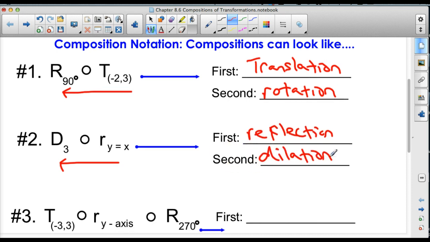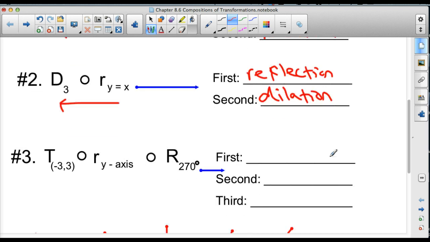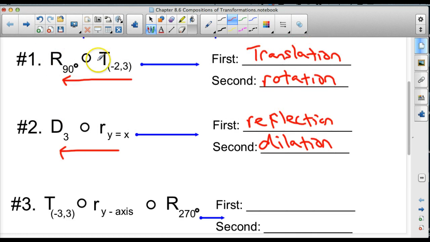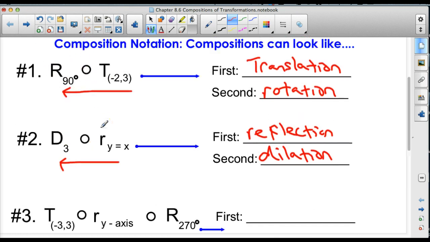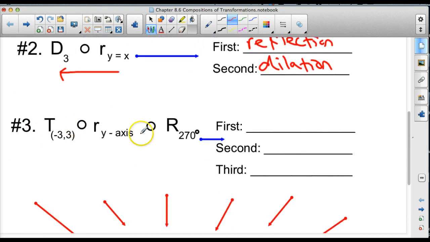From teaching this last year, the number one mistake I saw when students did compositions was they went left to right. So it's really important that you get this down right now. From here, the most you'll ever see is 3. Number 1 and number 2 had 2 transformations in one composition. This is as hard as it's going to get. They'll put 3, but we're still going right to left.